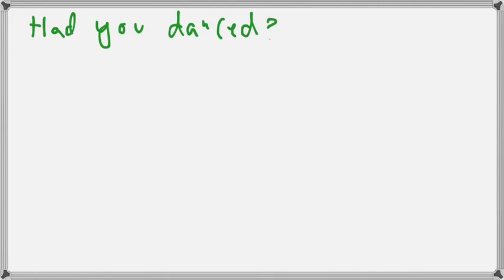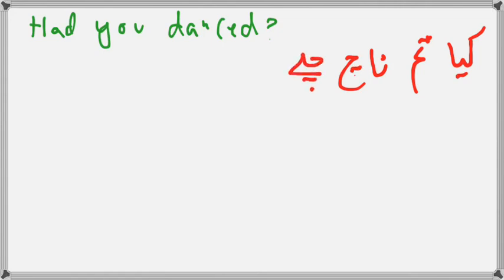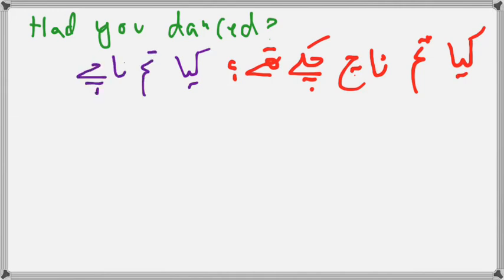Informal is क्या तुम नाच चुके थे? और क्या तुम नाचे थे? But this sentence, क्या तुम नाचे थे, is also used in the sense of did you dance? So it's better here to use क्या तुम नाच चुके थे.